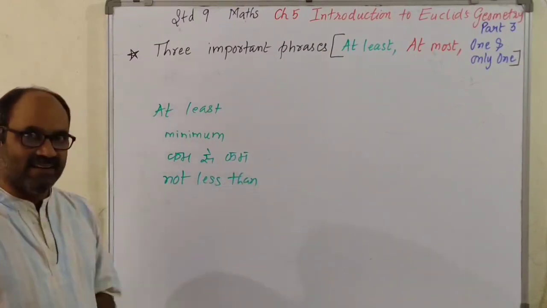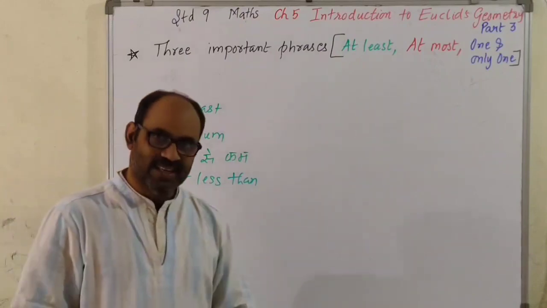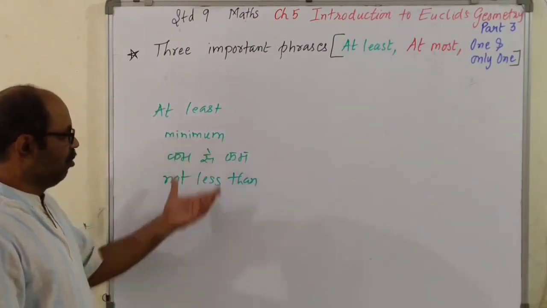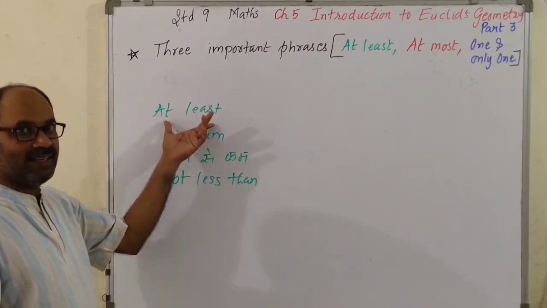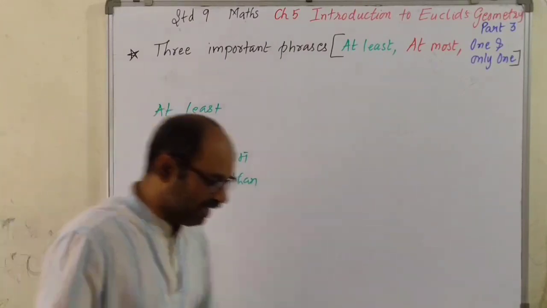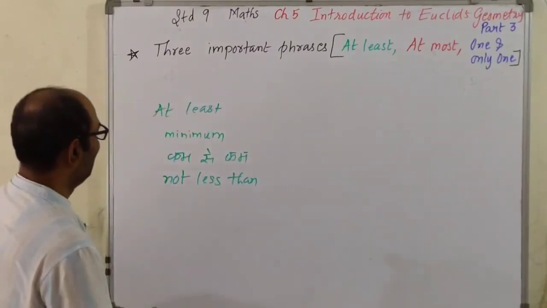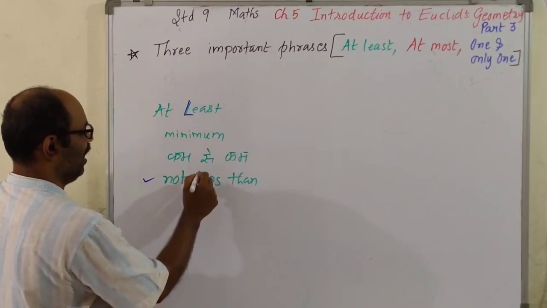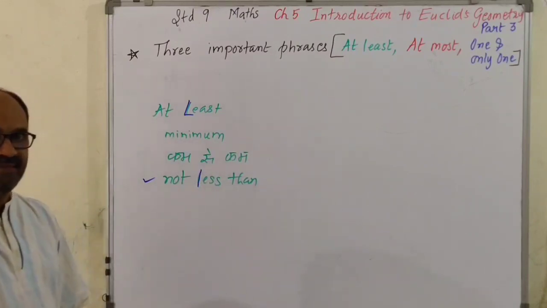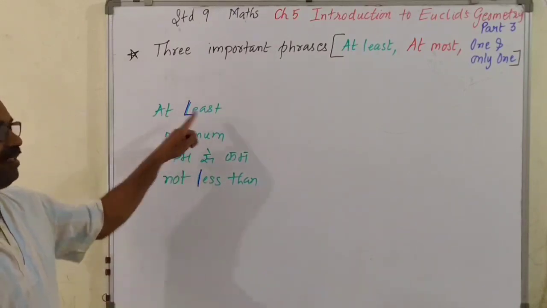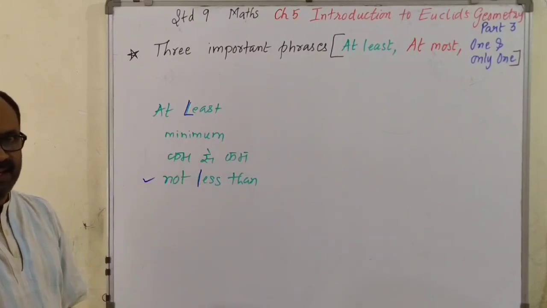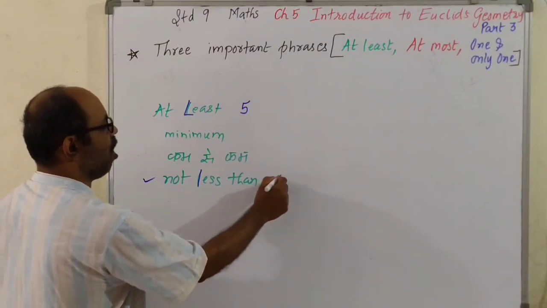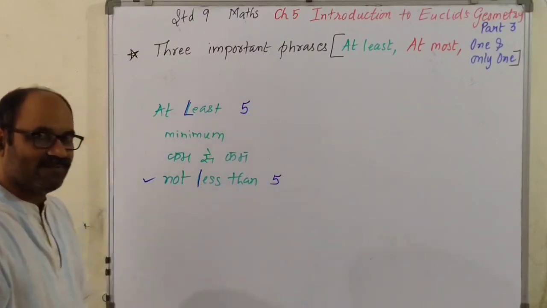Please try to understand. All three mean the same thing. At least is most convenient for us. I think this would be best, because here you have L for least and not less than. At least means not less than. If I say at least 5, matlab not less than 5.